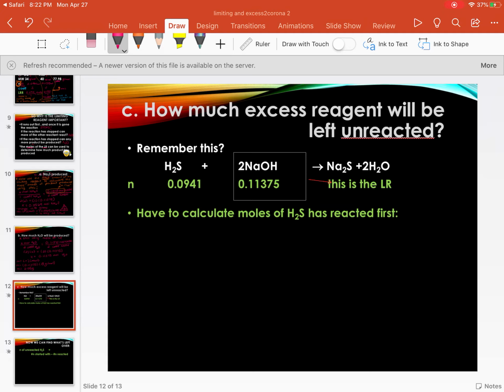So we calculated what the limiting reagent was, the 11375 moles of sodium hydroxide. What we're going to do is pretend like we don't have this H2S for a second. If we were just given the sodium hydroxide, let's calculate how many moles of hydrogen sulfide have to react first.